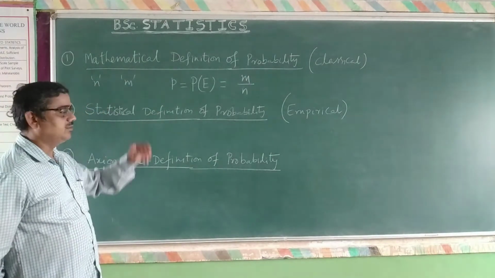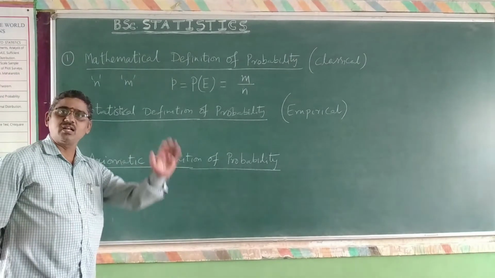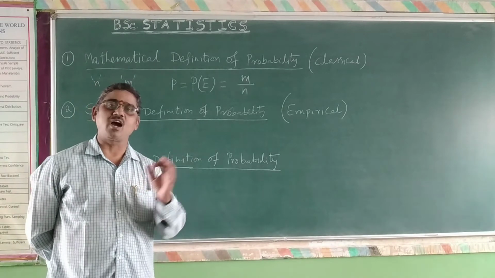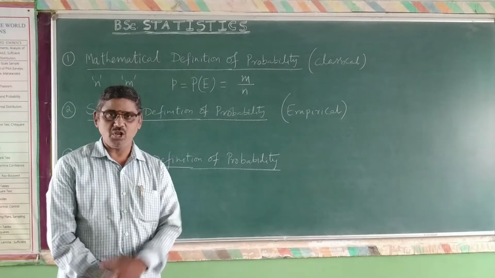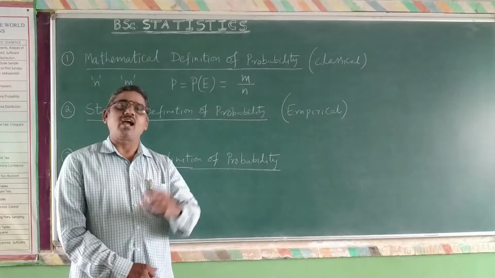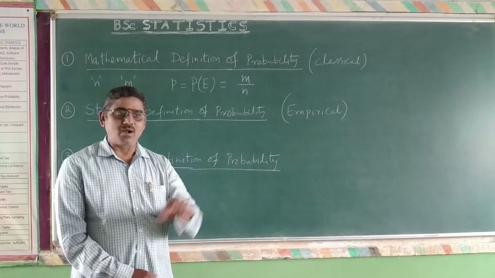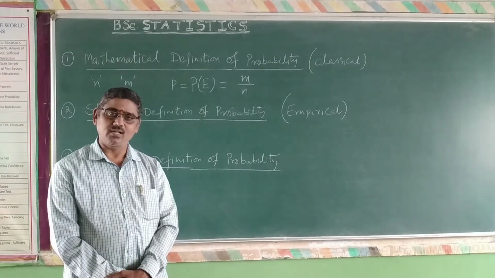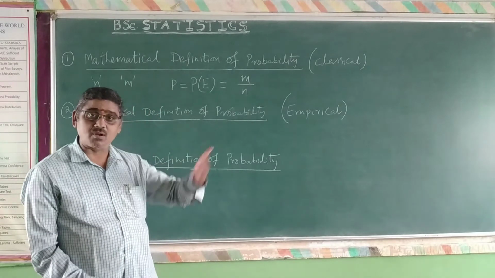Coming to the second one. The mathematical definition of probability fails in some conditions. For example, if I ask a question, what is the probability of an accident rate at a particular junction in a particular city? How can you answer what the total number of outcomes is?